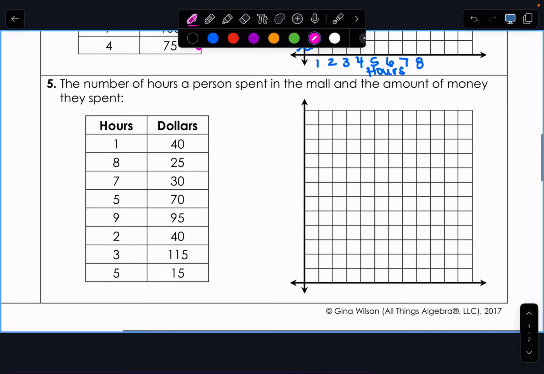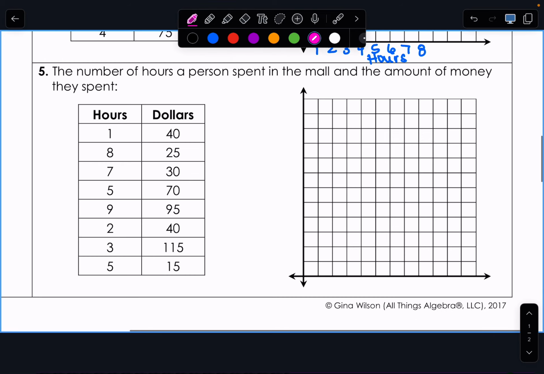All right, let's make this one the number of hours spent and the money they spent at a mall. Any thoughts here? X is hours and Y is dollars.